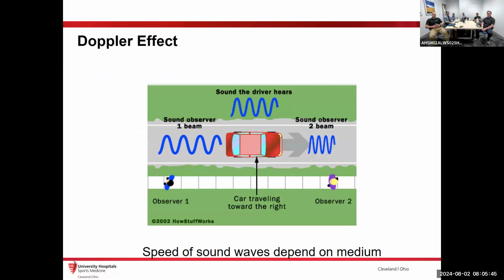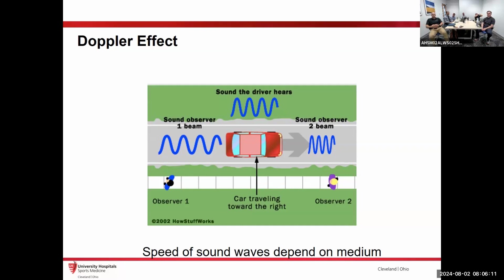So if you think about an ambulance, the sound of an ambulance is different when it is coming towards you versus going away from you, and it sounds differently inside the vehicle as well. That just has to do with how the sound waves are being stretched or compressed. If you're observer one, it is a lower frequency sound wave because it's going away from you.